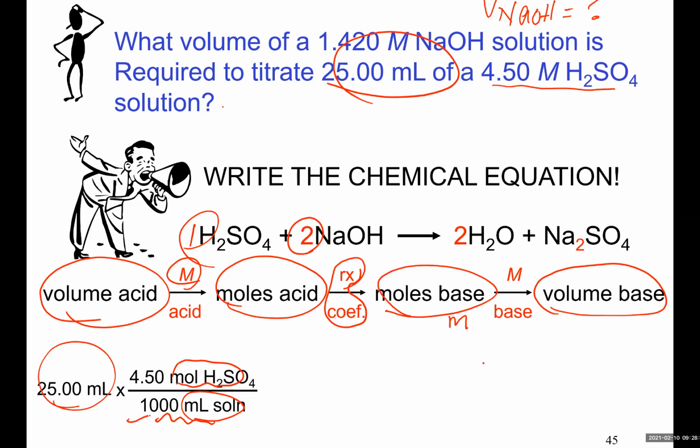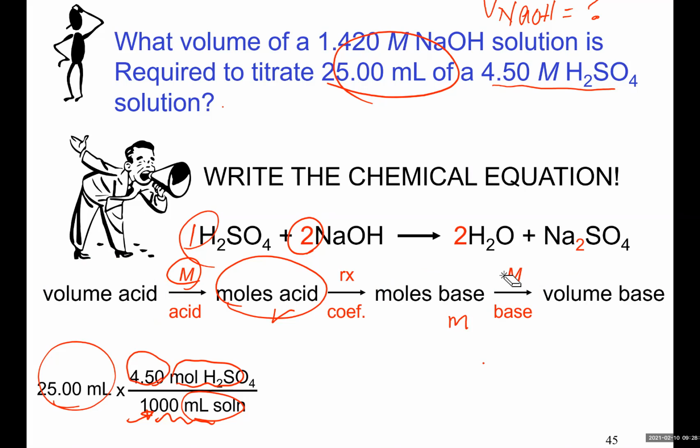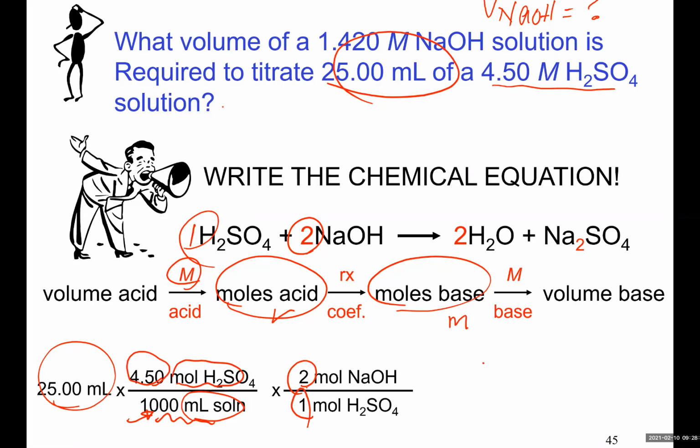So every liter or every 1,000 mL contains 4.5 moles. So now I'm here. I have moles of the acid. Next, what I would like to do is to cancel moles of acid and go to moles of base. So can I use a conversion factor where moles of the acid is on the bottom, moles of base on the top? The relationship between them is coming from the equation. The relationship is 1 to 2. That means I have now the number of moles of the base.